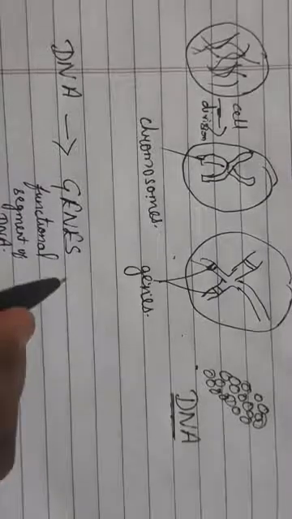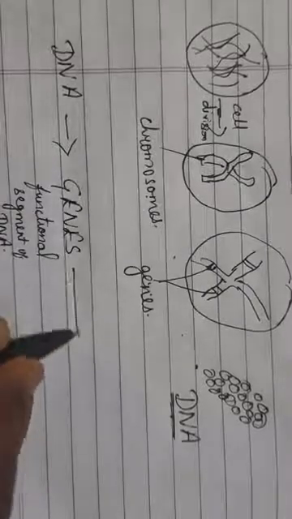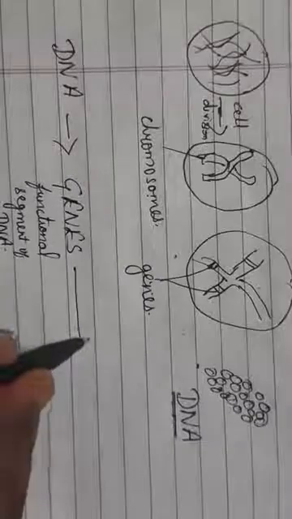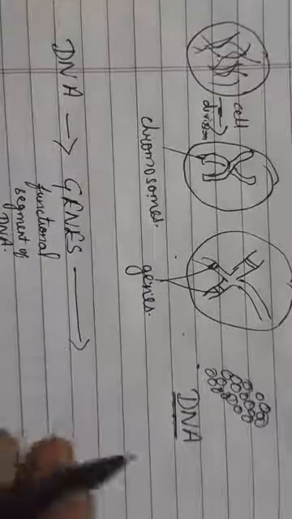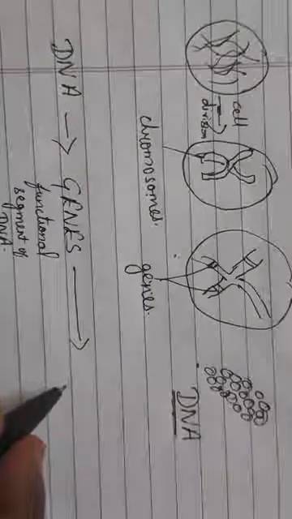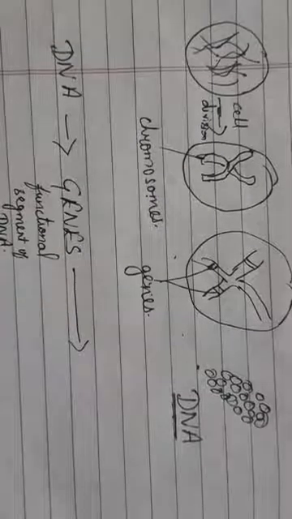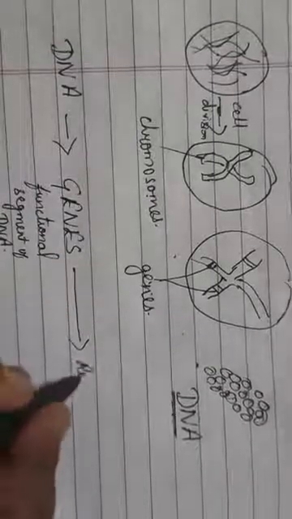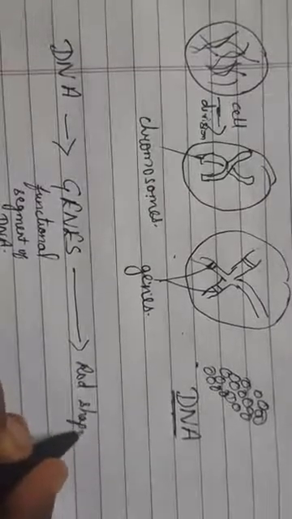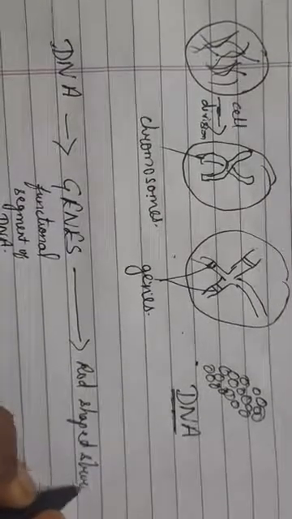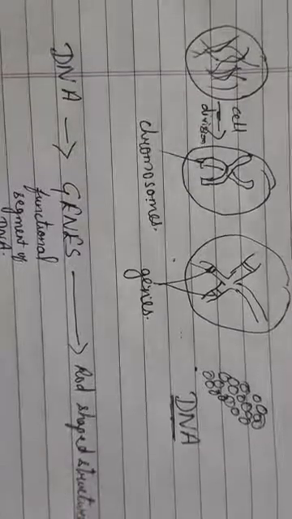Then what happens? These genes come together to form a thread-like structure, or rod-shaped structure, which is called the chromosomes.